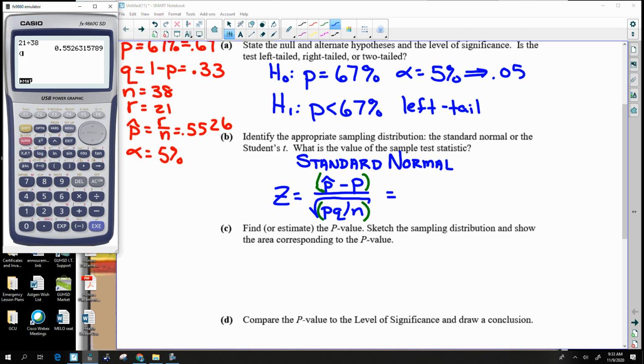So I take my p hat minus the p, divided by the square root of p times q divided by n. Close. Make sure you close all parentheses. So that, again, this is a z-score, so we round to 2 decimal places, so that's going to be negative 1.54.